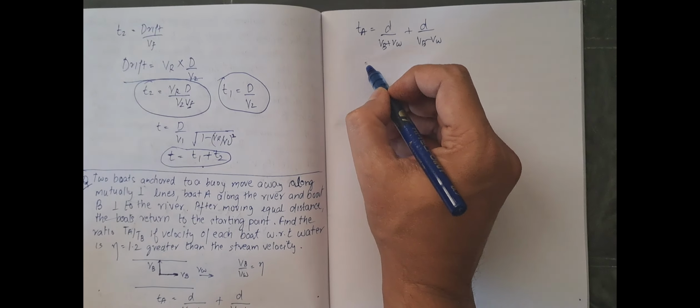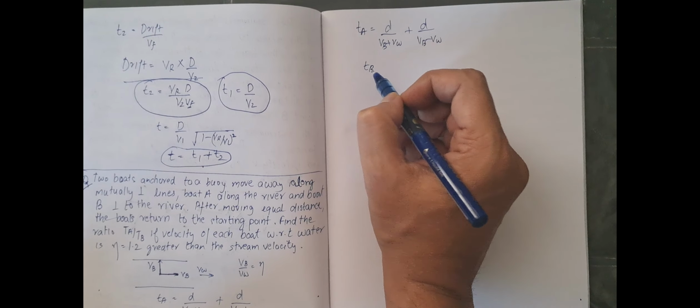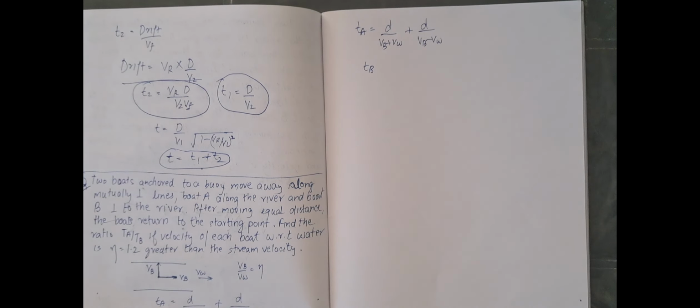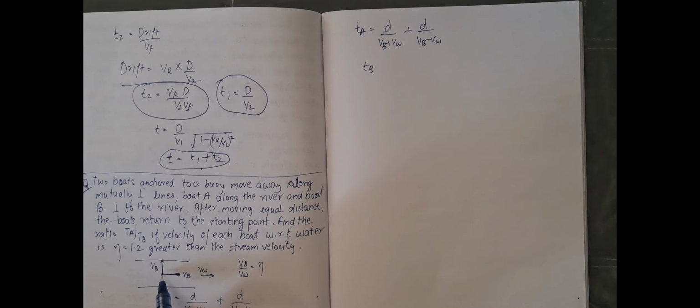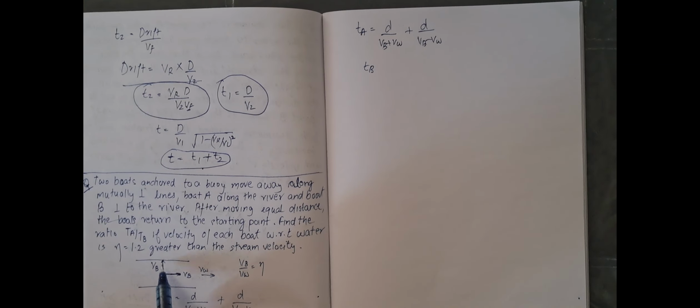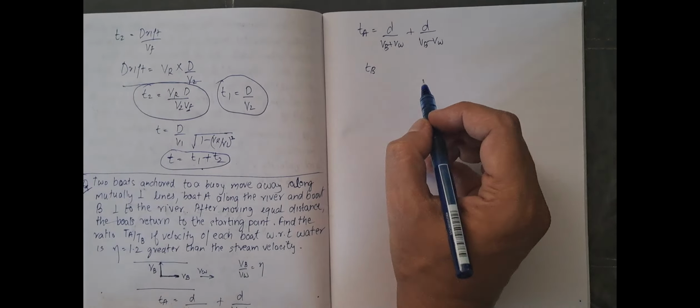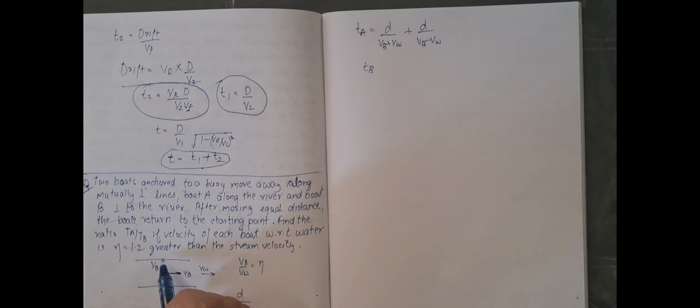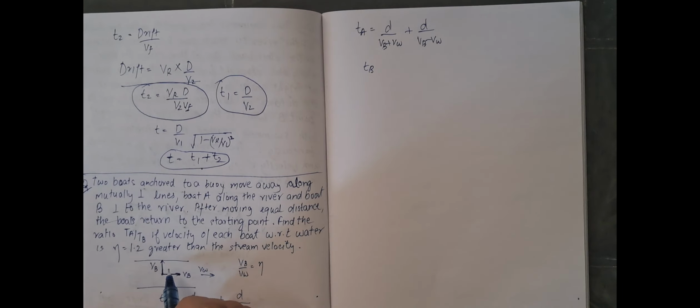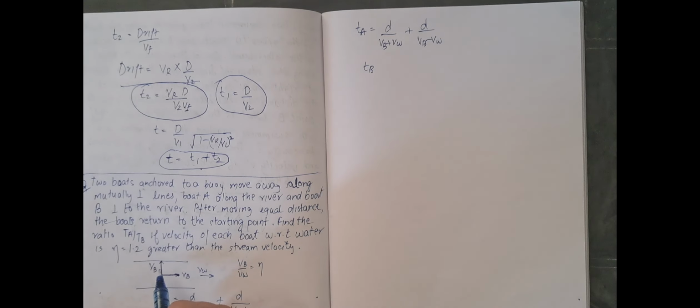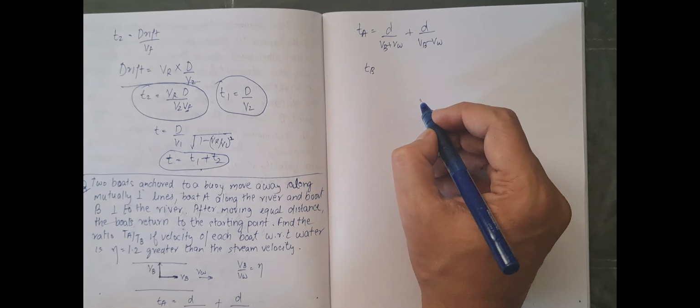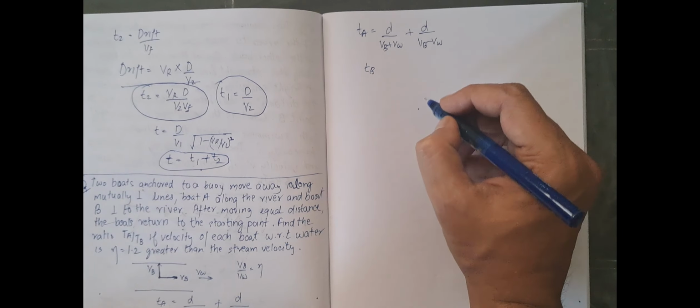Now it's about TB, the time taken by boat B. This boat travels like this. Now if you see, it has been said that boat B travels perpendicularly to the flow of the water. So it's obvious that this boat travels like this.